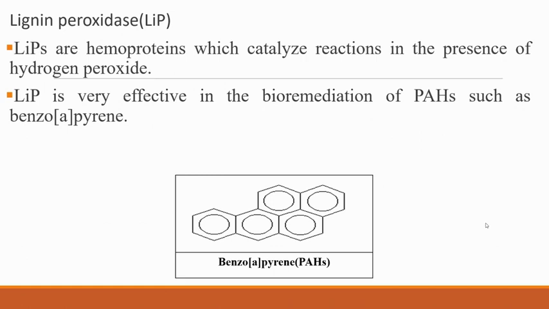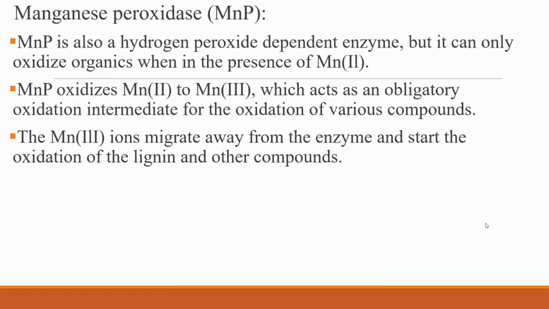In other words, hydrogen peroxide acts as a catalyst to this enzyme. Okay, but it's not a catalyst per se. Now, LiP is very effective in bioremediation of PAHs, such as benzo[a]pyrene.